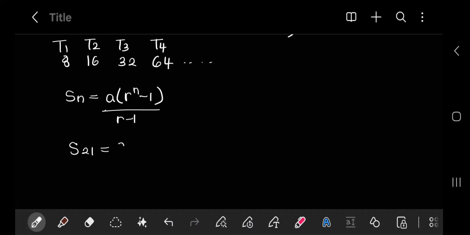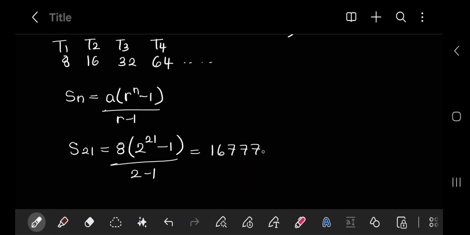So we're going to get S21. A here is 8, R is 2. So 2 to the power 21 minus 1 over 2 minus 1. And if I just plug this onto my calculator, this is the value.